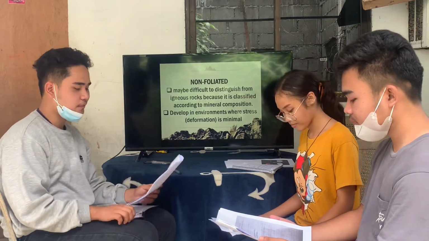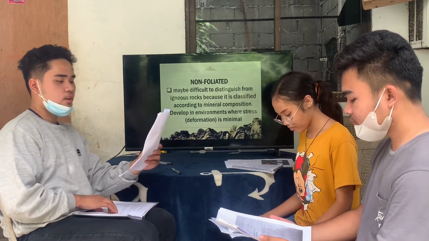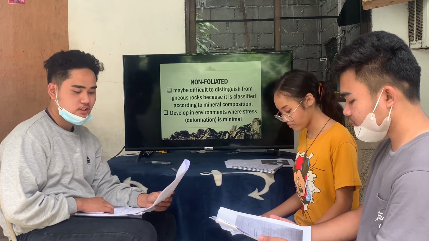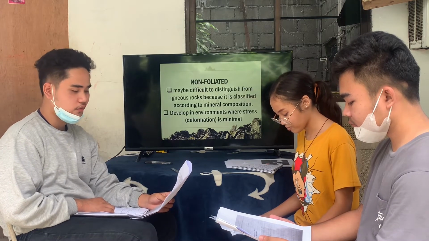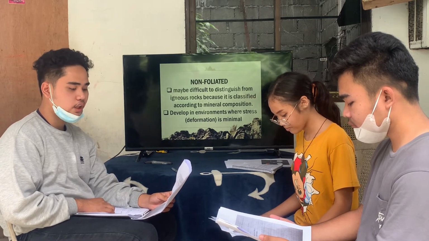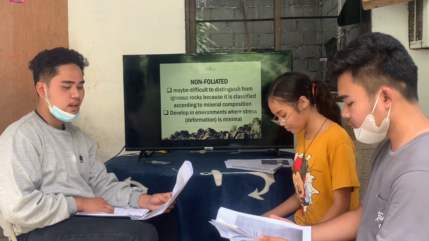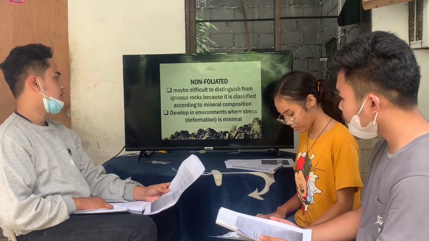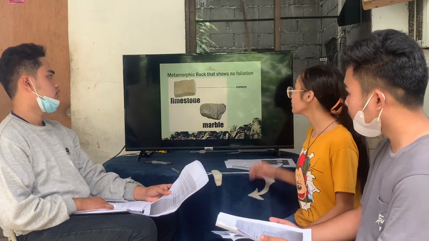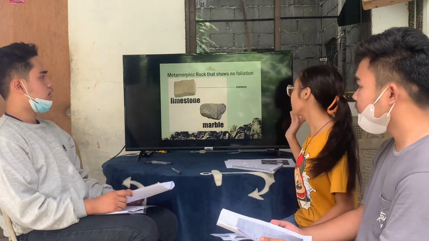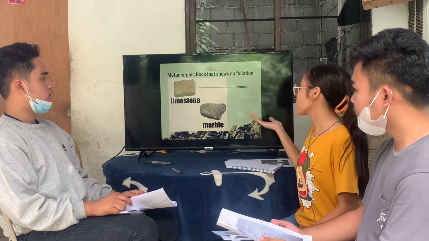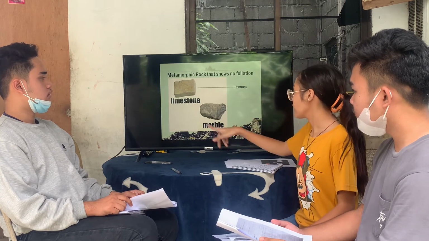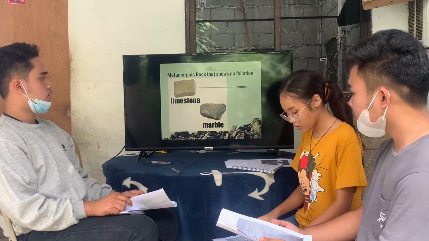Non-foliated rocks form when pressure is uniform or near the surface where the pressure is very low, so that's why non-foliated rock is difficult to distinguish. What are examples of non-foliated rocks? Metamorphic rocks that show no foliation, like limestone and marble.